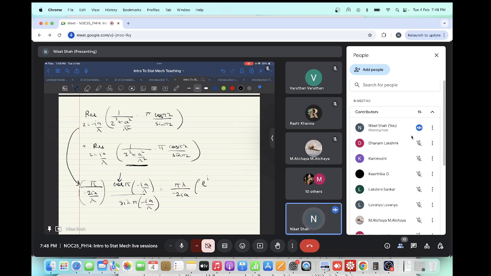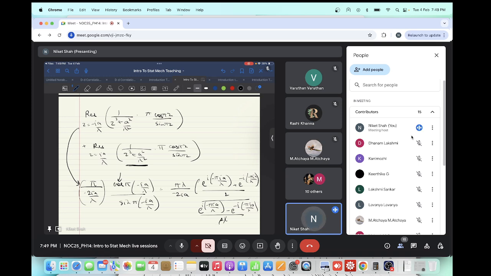So cos is e raised to power I pi minus pi I a by lambda plus e raised to power minus I pi minus pi I a by lambda, divided by 2, divided by sin x, which is e power ix minus e power minus ix by 2i.